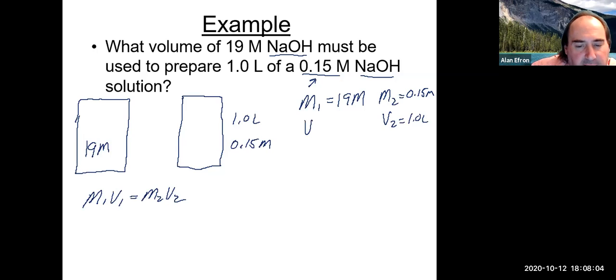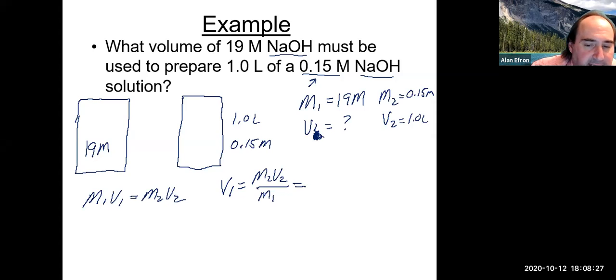So again, if you're not sure where to start, we really don't know what V1 is. So that's a very good place to start. We could rearrange this by dividing M1 to the other side, and that would get us V1 equals M2 V2 divided by M1.